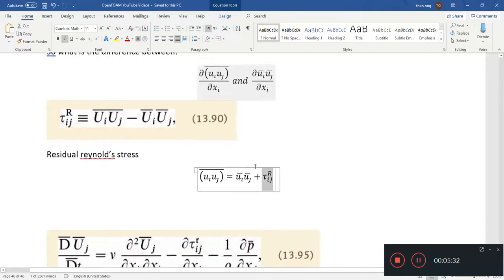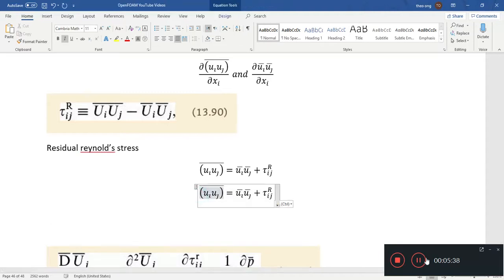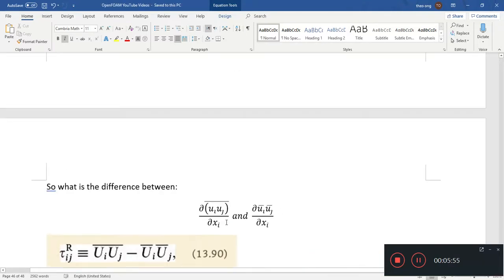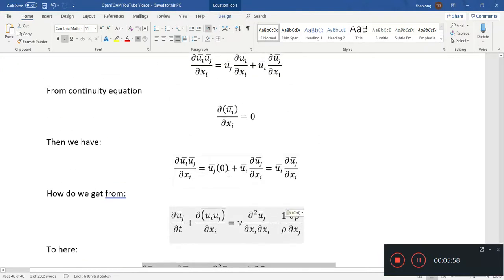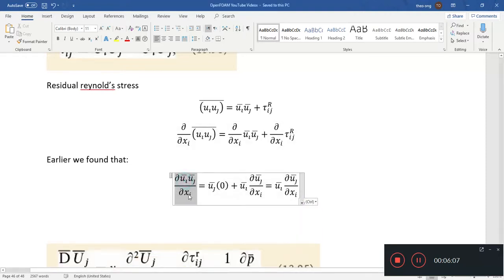If we apply the differential operator, partial by partial xi, across the board, it will result in these two terms. And earlier we already found out that this we can simplify from the continuity equation. We can get rid of this term and we'll just be left with this.